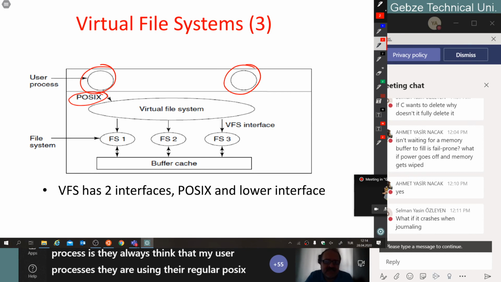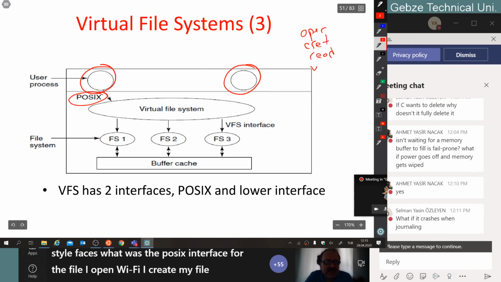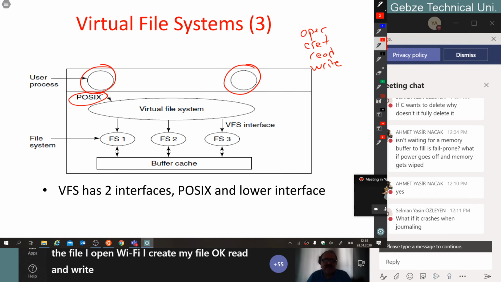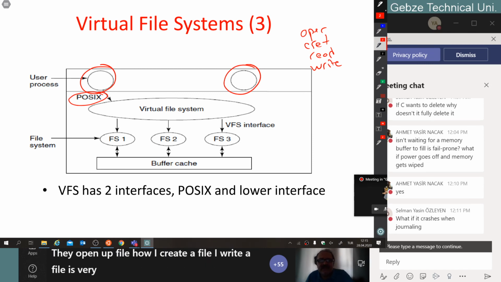What was the POSIX interface for the file? I open my file, I create my file, read and write. These are my POSIX interfaces, right? How I open a file, how I create a file, how I write a file might be very different depending on the file system.